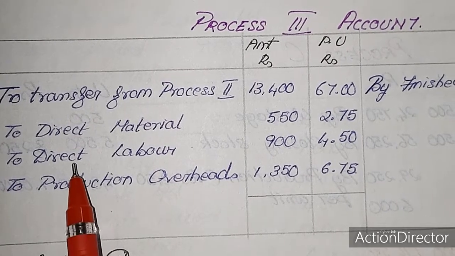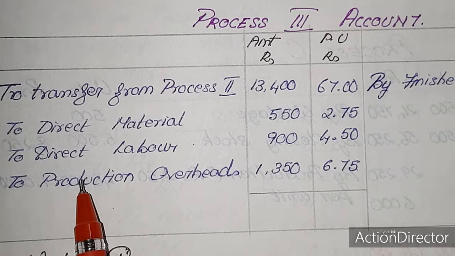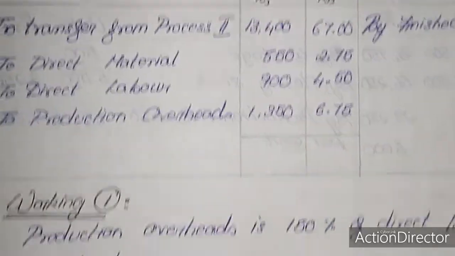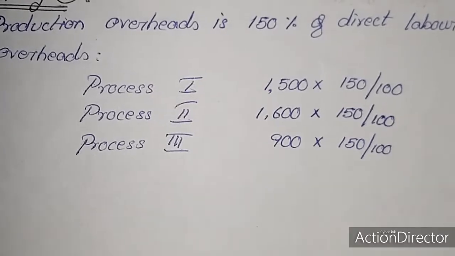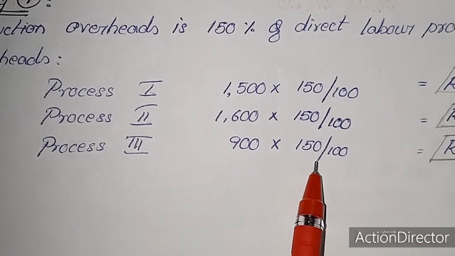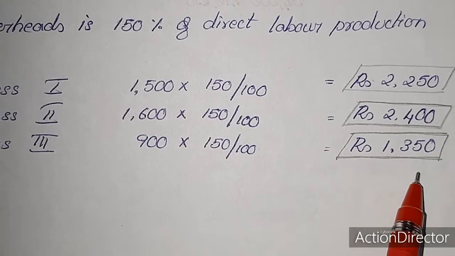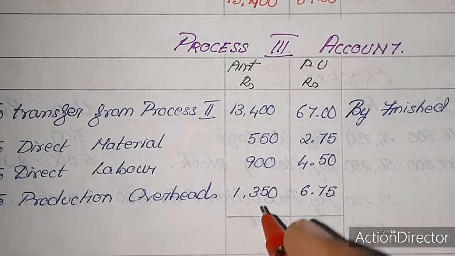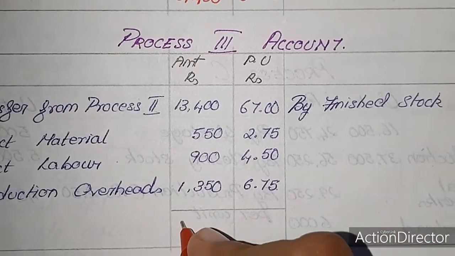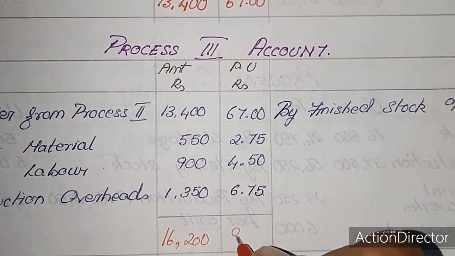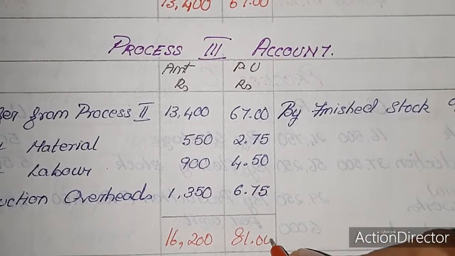For the third process, they are given only direct material and direct labor. We write the values, and for production overheads, we calculate it at 150%. Direct labor is 900, 150% you get 1350. So we write it down there, and the total value for process 3 is 16,200, and the cost per unit is 81.00.